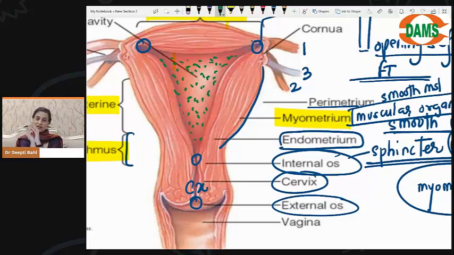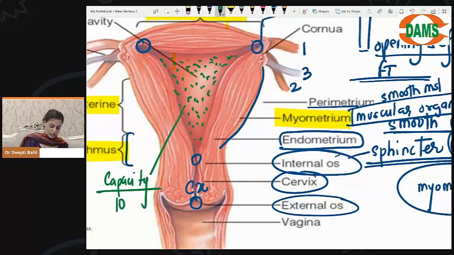So it is only a potential cavity, and that is why we ask, what is the capacity of the uterine cavity? Only 10 ml in the non-distended form. The walls will move away when you put something inside the cavity.